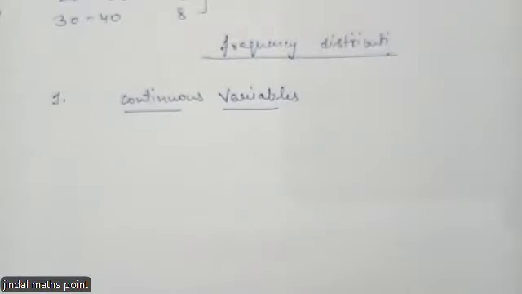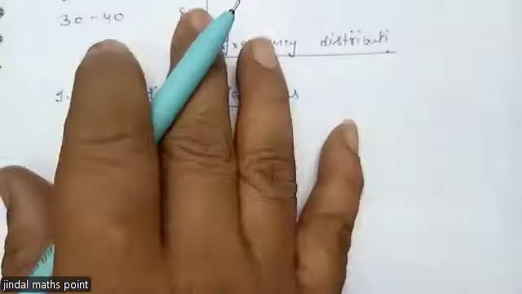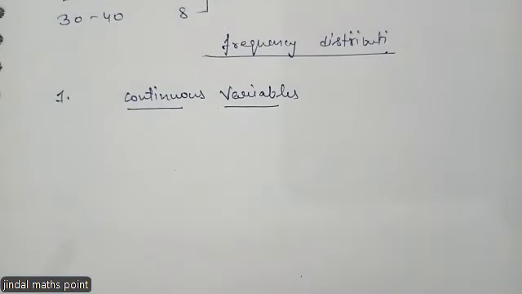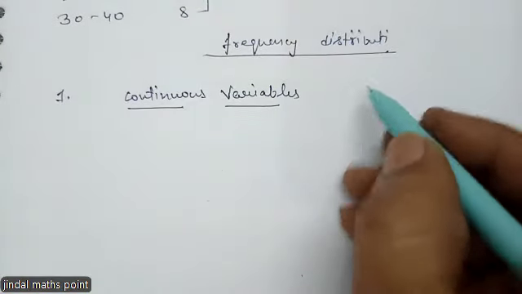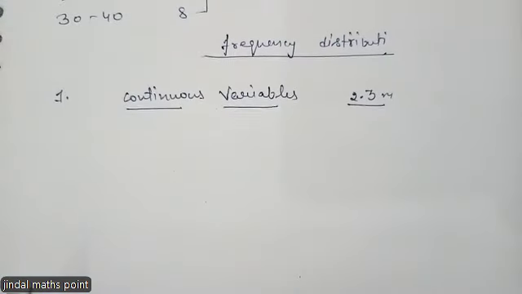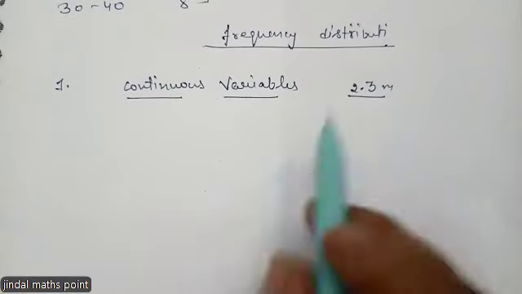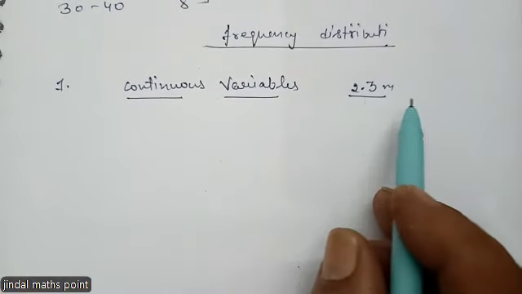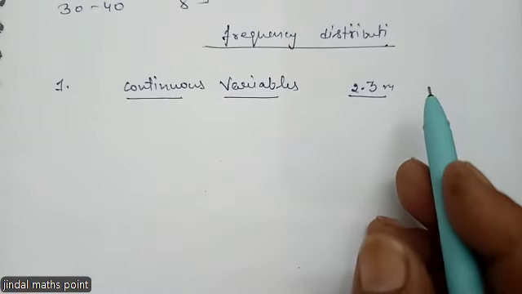A continuous variable can take any numerical value, as in decimals also. What is your height? Suppose 2.3 meters. This is continuous. Any value within a certain range is called continuous.